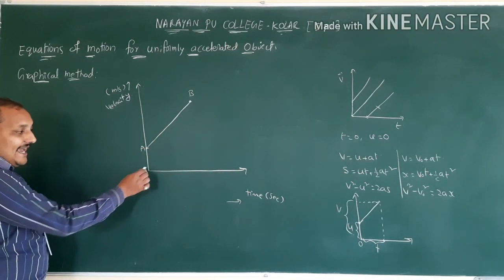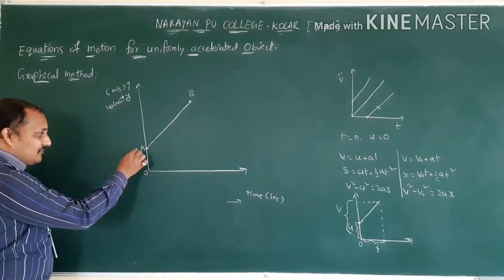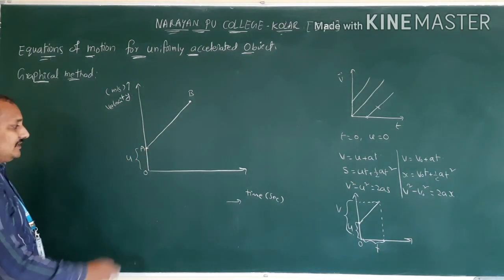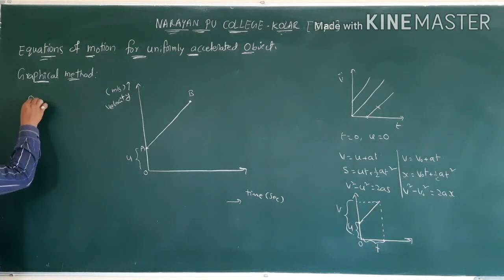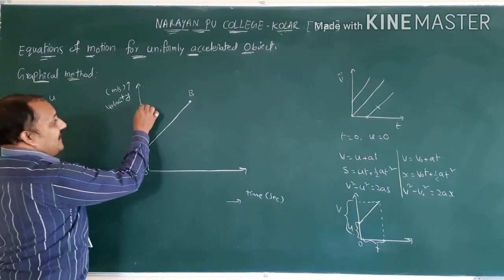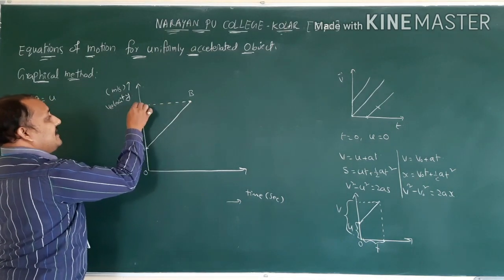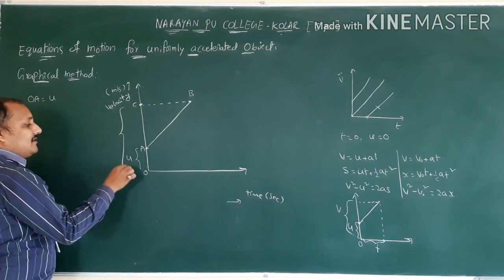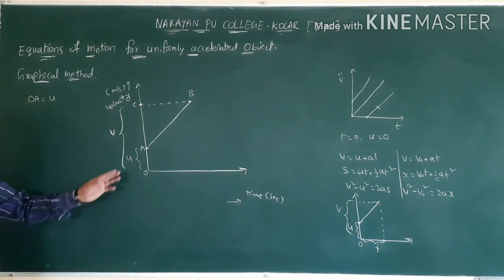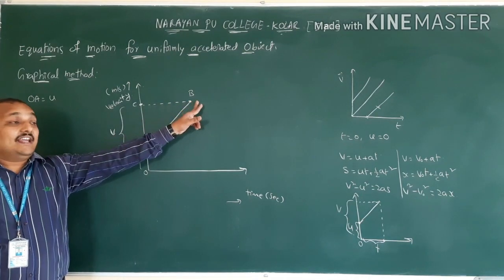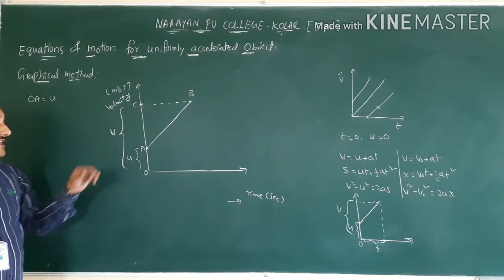Now from this diagram, what does OA represent? OA represents u, the initial velocity. Rather than A, B, this is C. What is OC? It is starting with initial velocity u and gaining final velocity v.